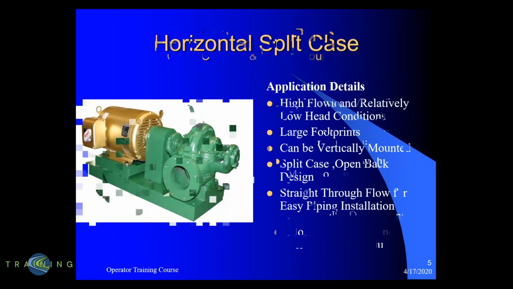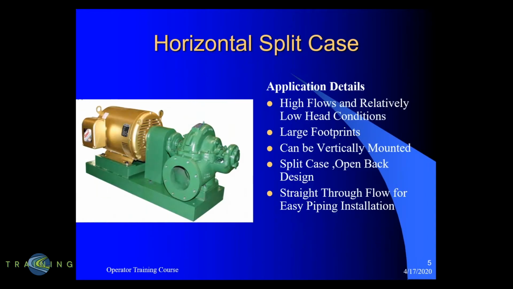The next type of pump that we'll talk about is the horizontal split case. These are for high flows and relatively low head applications, even though you can get these in multi-stage, meaning there's more than one impeller. If you look here, I hope you can see my cursor. It gets its name because this part of the volute can be taken apart as a split case to access the rotating assembly.